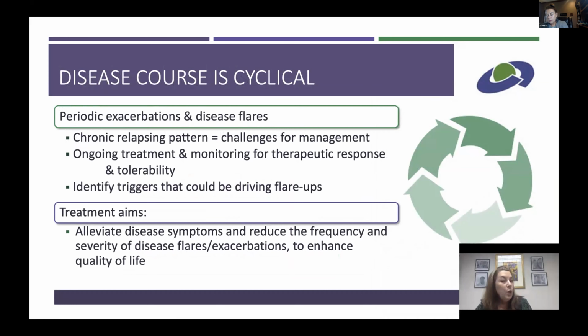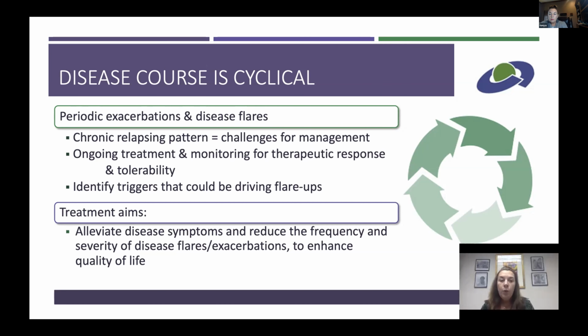We know that the disease is cyclical and that there are these times of periodic exacerbation or flare. So, that chronic relapsing pattern for many patients, the ongoing treatment and trying different things that we often hear in the patient journey, people are just cycling and cycling and extremely frustrated because they cannot find the appropriate topical treatment, oftentimes, to control their symptoms.